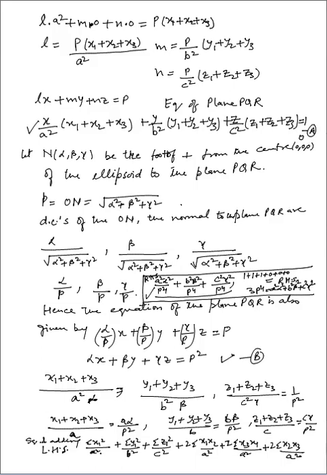And P we know is under root alpha square plus beta square plus gamma square.